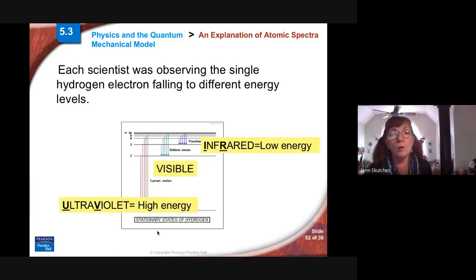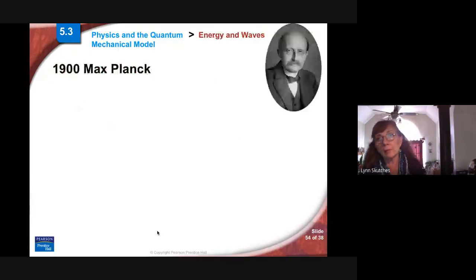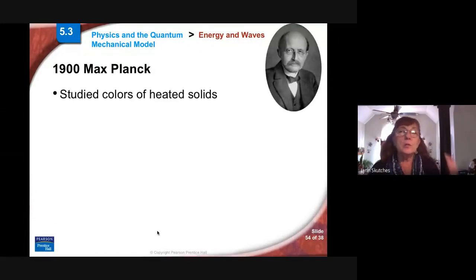And also at the same time, there was another scientist named Max Planck, who was working with solids and noticing the effects and trying to quantify the effects that cause colors on different solids. So again, you've seen your toaster probably, or the coils on an electric stove change color as you heat.